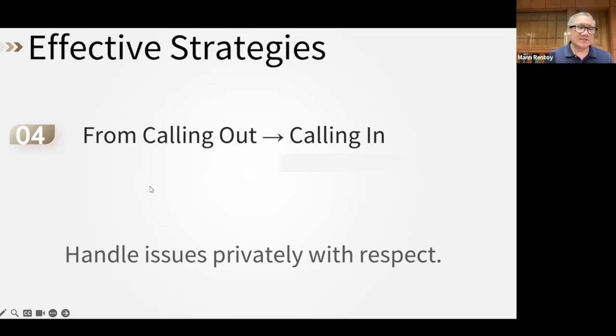Handle issues privately with respect. Calling out is singling out someone and practically reprimanding him in public. Calling in, on the other hand, is giving the person a chance to return to the flow of the class, to return to the activities without having to immediately punish, because being sent out is a punishment.